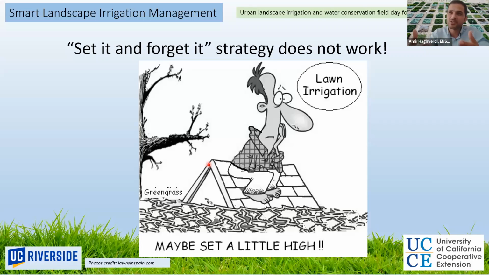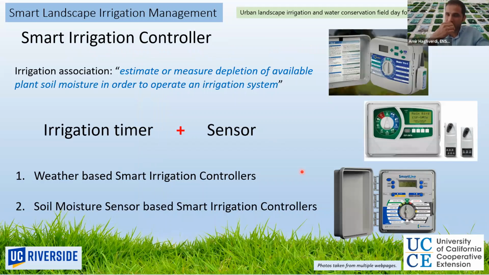So the strategy of set it and forget it wouldn't work. This is a nice cartoon showing what happens if you over irrigate. I live in Anaheim Hills, so I see over irrigation almost every single day when I go out to walk my dog.